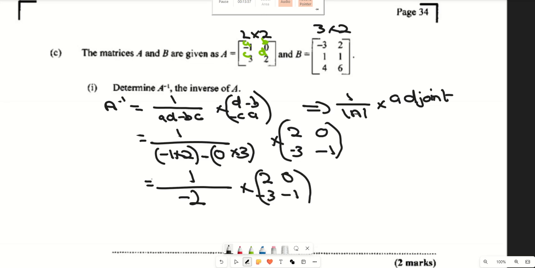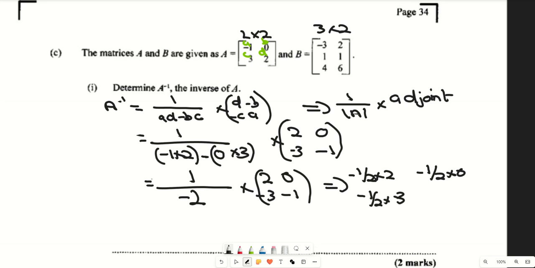When we have things like this, a half is just a scalar multiple, which means you simply multiply minus a half by each term. So this would be -1/2 by 2, then -1/2 by 0, then -1/2 by -3, and then -1/2 by -1.